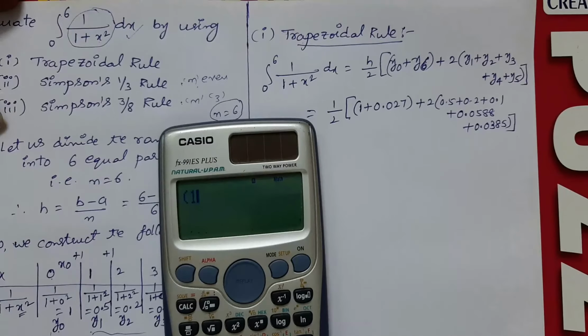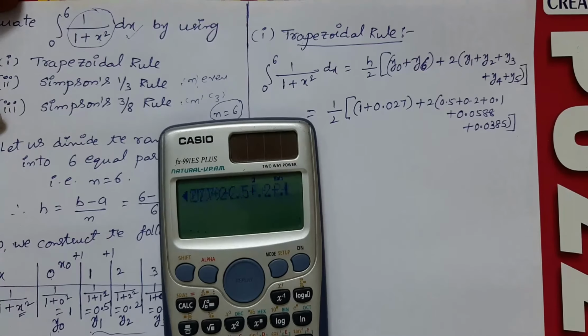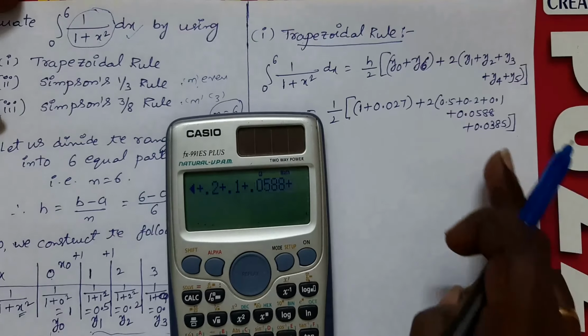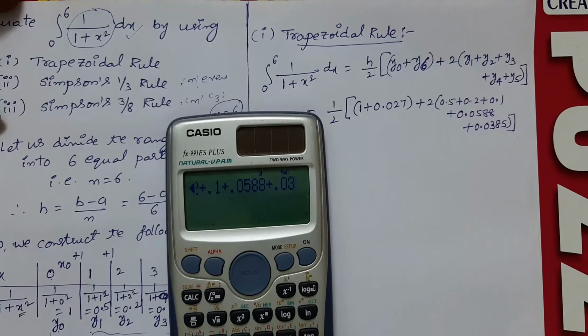So it's 1 plus 0.027, close the bracket, plus 2 times of 0.5 plus 0.2 plus 0.1 plus 0.0588, close the bracket, we have another term, plus 0.0385 is equal to, and we have division by 2.